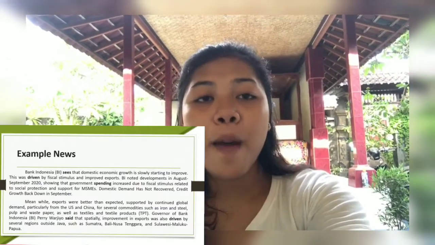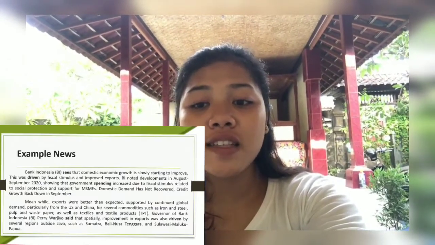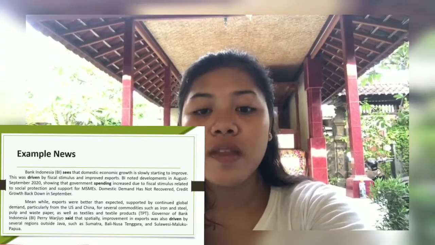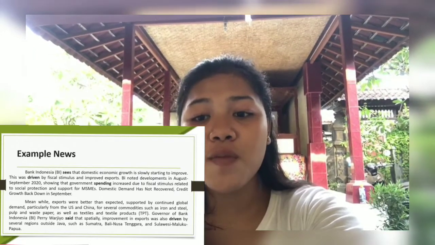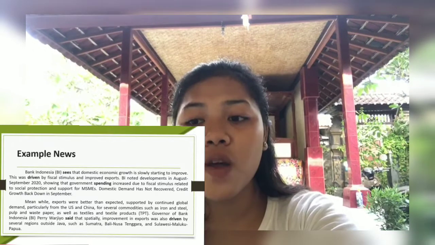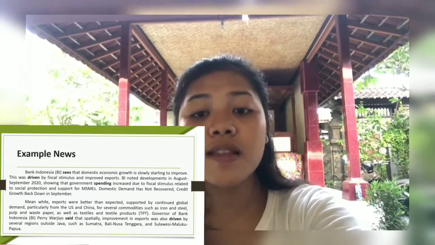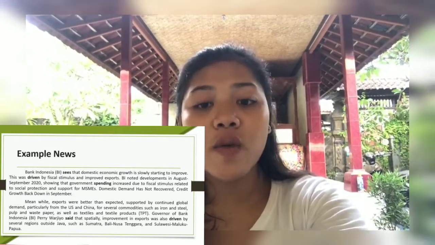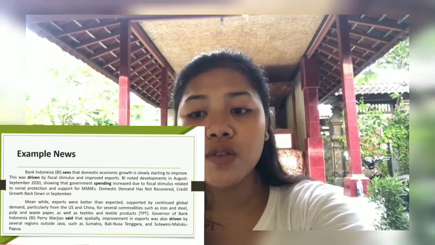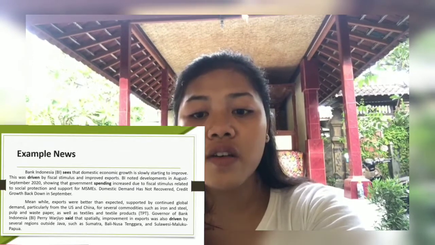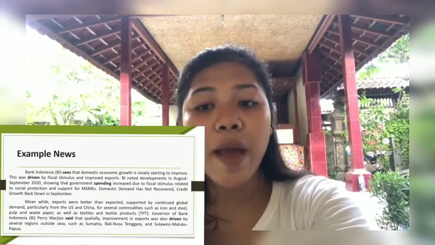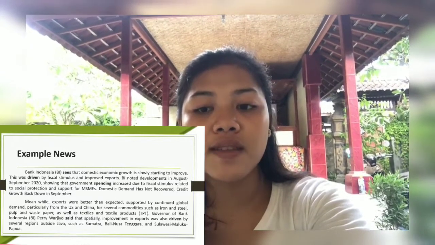Example use: Bank Indonesia sees that domestic economic growth is slowly starting to improve. This was driven by fiscal stimulus and improved export. Bank Indonesia notes development in August-September 2020, showing that government spending increased due to fiscal stimulus related to social protection and support for MSMEs.